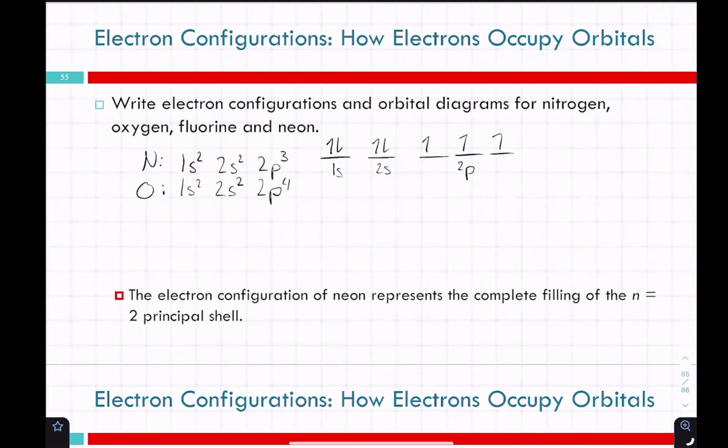So 1 more electron. I'm trying to do these really close together because I'm going to run out of space. So 1s, 2s, 2p. We're going to have, again, 2 in the 1s, 2 in the 2s, and now 1, 2, 3, 4 in the 2p.